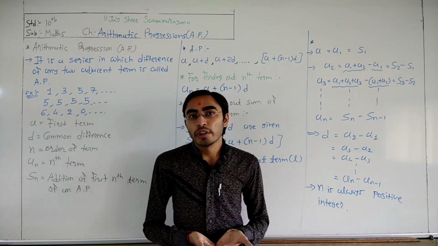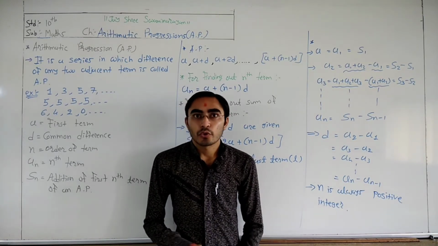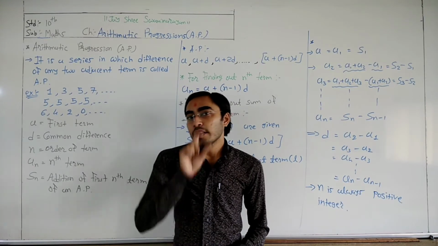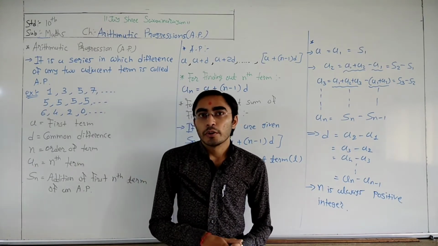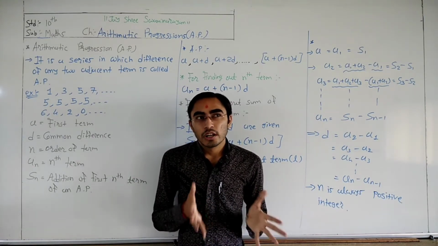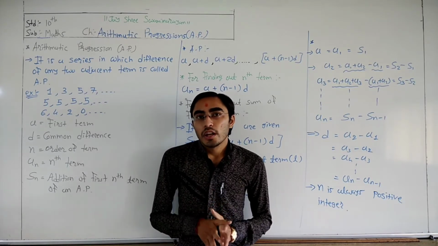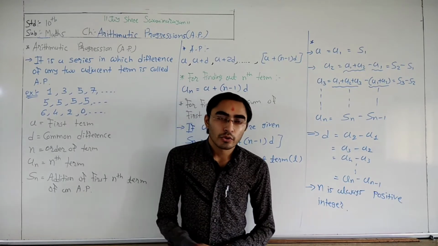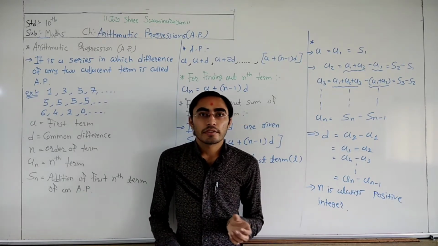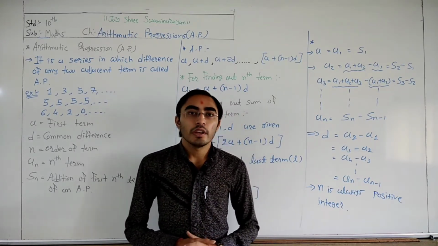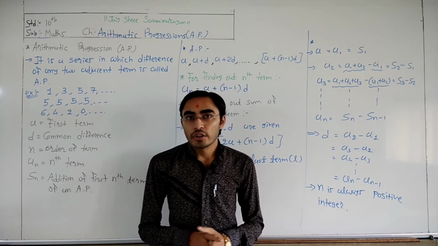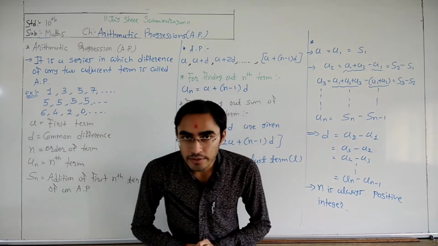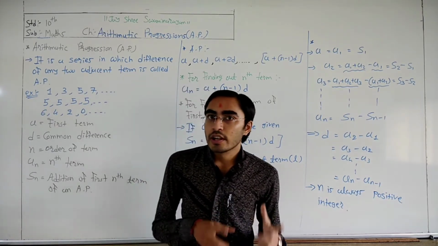In a real life situation, if there is simple interest, and we give some rupees to someone at simple interest, every year the interest is the same, right? For example, if we give 1,000 rupees to someone at 1%, every year the interest is 10 rupees.